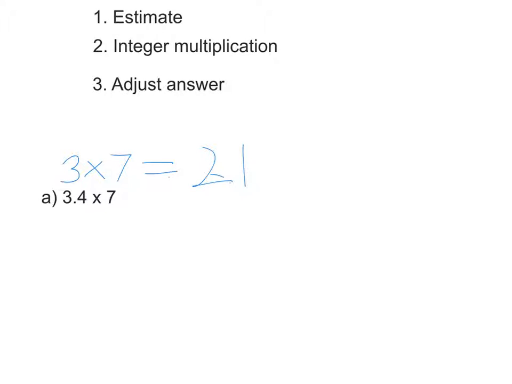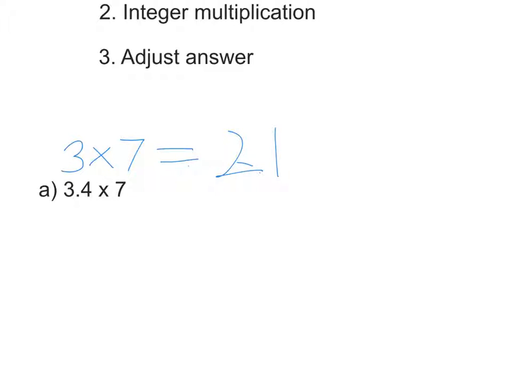Stage 2, integer multiplication. So if I look at 3.4 multiplied by 7, if I ignored any decimals, I multiplied 3.4 by 10, this would become 34 multiplied by 7.